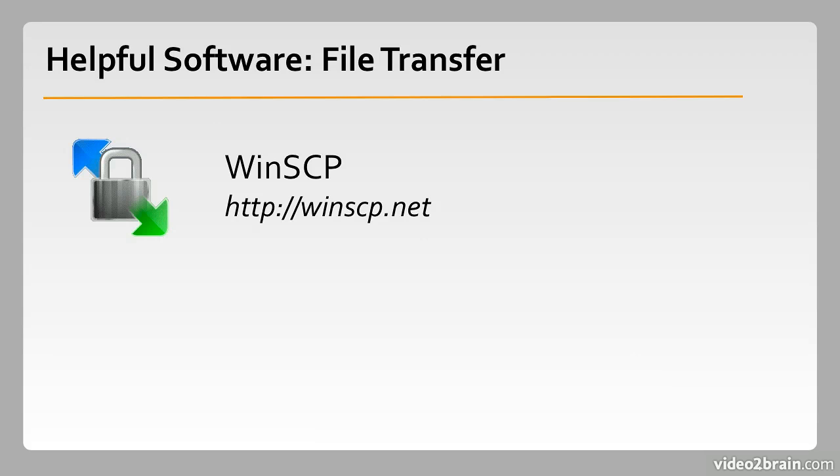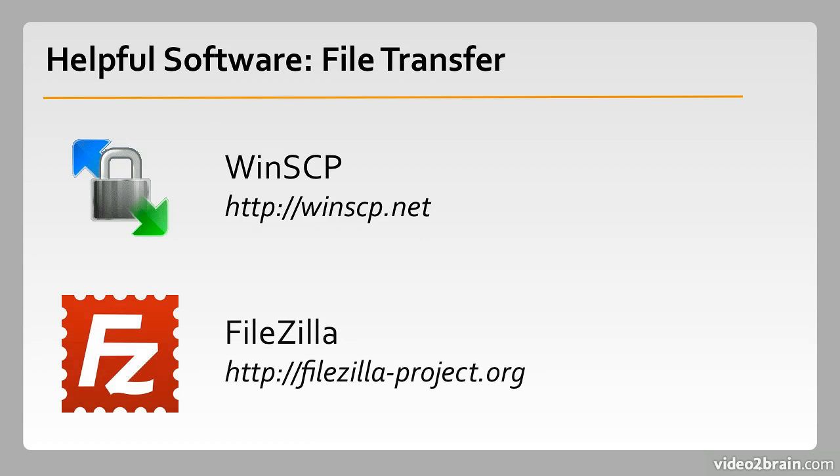This is not used for general FTP. So if your web host only supports vanilla FTP, WinSCP will not work. But if you have the option, it's much better to use something like SFTP or SSH, which are secure file transfer protocols that WinSCP supports. If you need something more general and you use Windows, FileZilla is a perfectly competent free option.